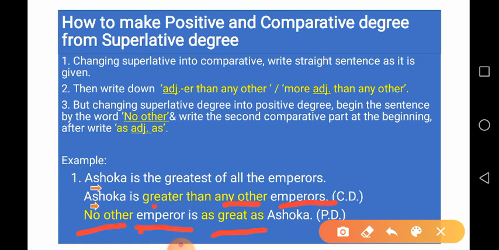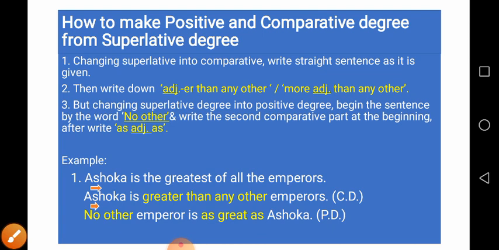The adjective in the comparative is greater, but in the positive it is great. So the adjective is written in between as, and then the first comparative object, that is Ashok. So our sentence is: No other emperor is as great as Ashok.